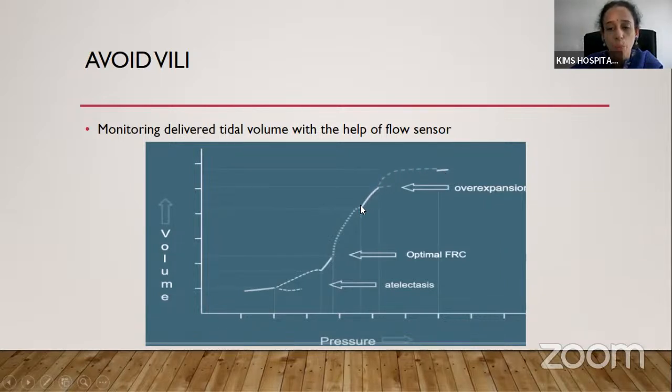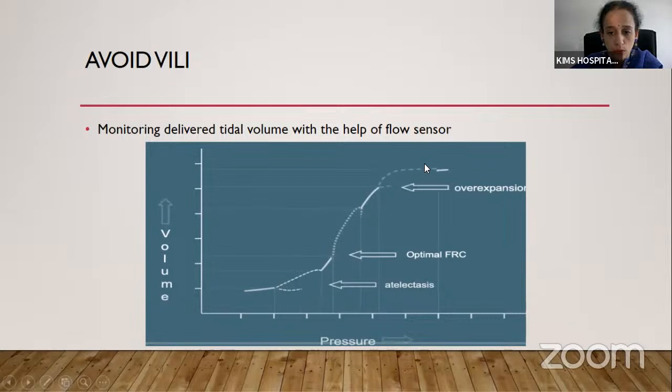So we should always keep the ventilator settings for the baby in the optimal FRC to avoid ventilator-induced lung injury. What are the different types of trauma for the baby? Volume trauma, barotrauma, and atelectrauma. When there is atelectrauma, the alveoli are not opening, and the repeated opening and closing of the alveoli will also damage the alveolar endothelium.